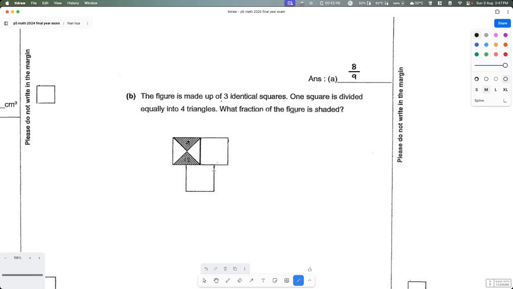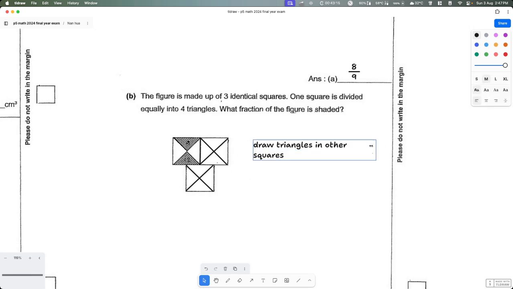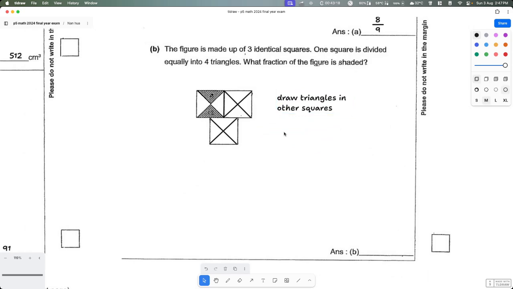Okay, so what I'm going to do is I'm going to also draw identical triangles in the other squares. So in this case, I'm just going to write here, draw triangles in other squares. Okay, so yeah, this is what we did. That means the total triangles is equal to basically 4 times 3.